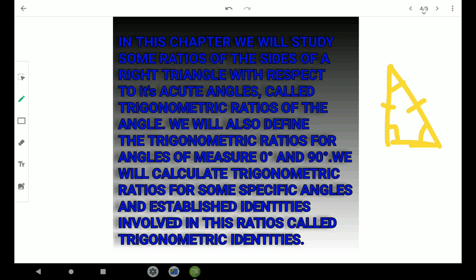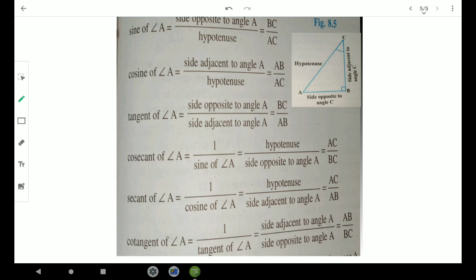Now, let me tell you something about this. This is the first thing that we are going to study. If this is a triangle given, you can see it very clearly. Now, this is the hypotenuse.